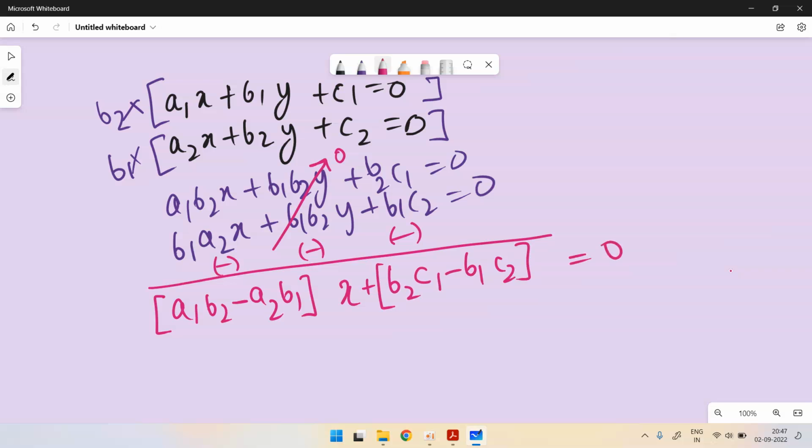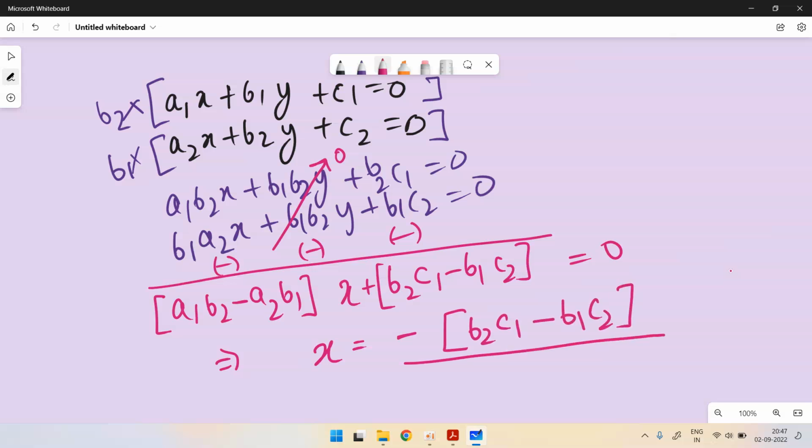equal to 0, which implies that the value of x is nothing but minus b2 c1 minus b1 c2 by a1 b2 minus a2 b1.